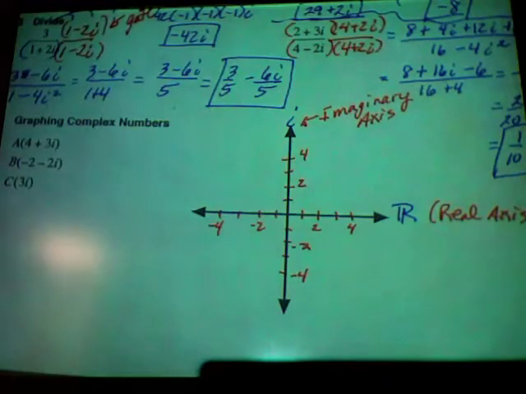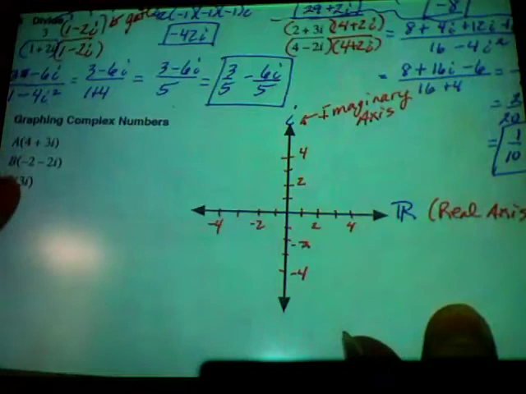All right, so we're going to plot these points A, B, and C right here.